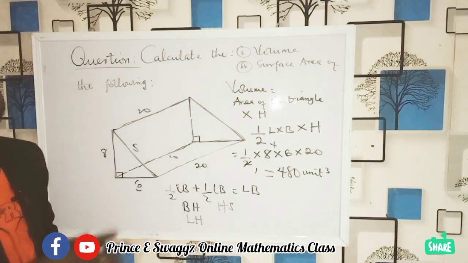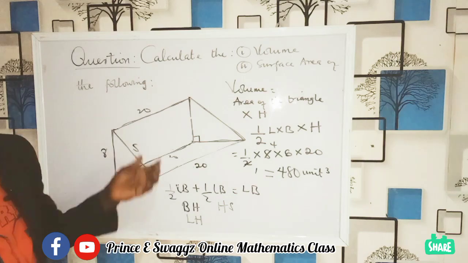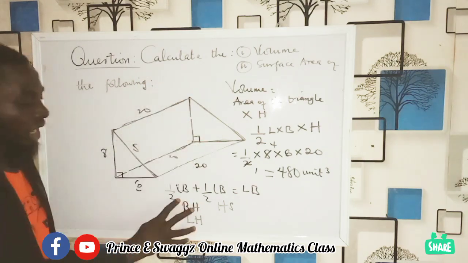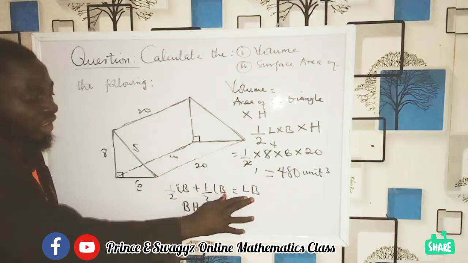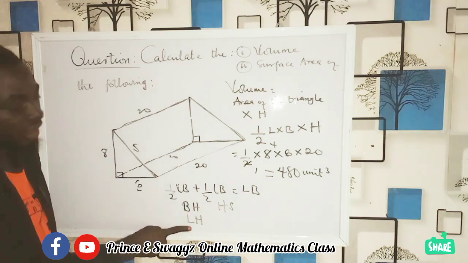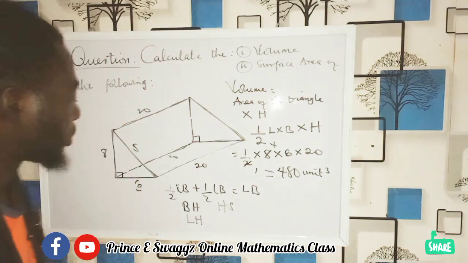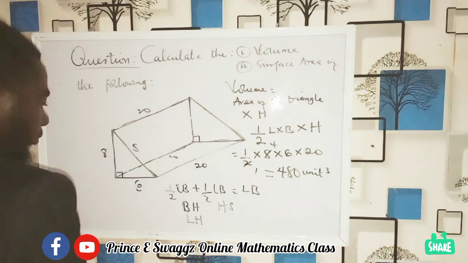So for us to now calculate the total surface area of this shape, what you need to do is add all these areas. Get this area, get this area, get this. We now add everything together. It gives us our total surface area.